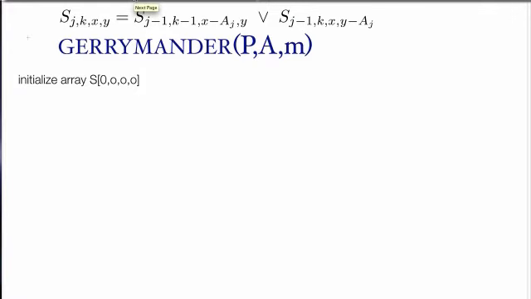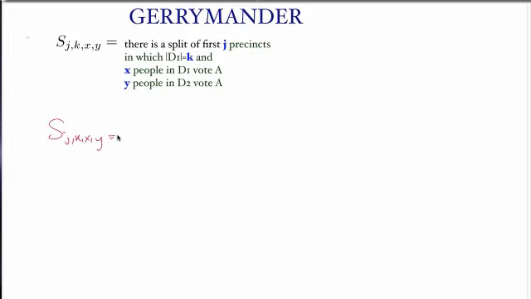And then came the punchline of the problem, which we discussed in the very last part of last lecture, which is that this variable is going to be true in one of 2 ways.